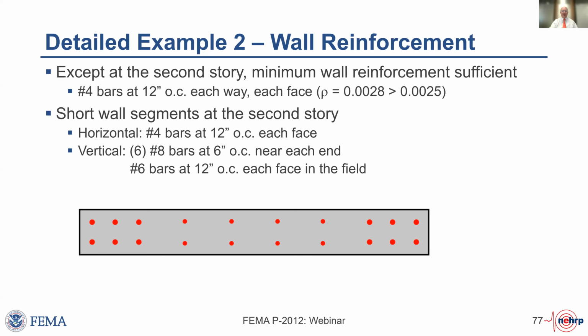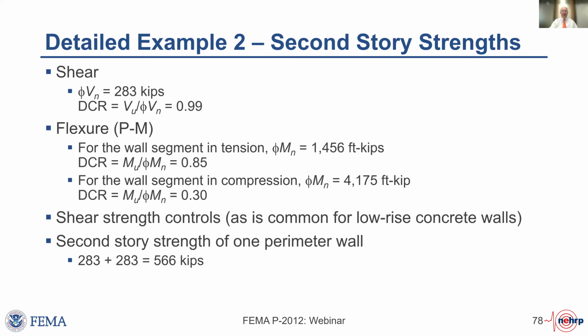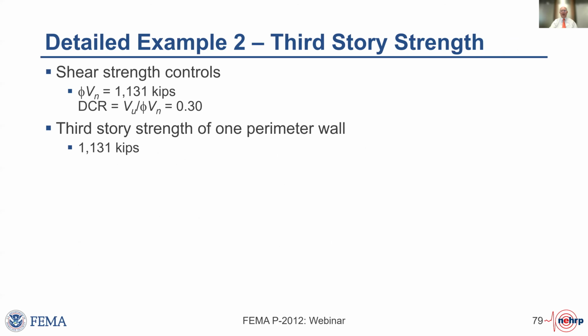And what we find is that when we calculate story strengths, we calculate the story strength of the second story, thinking about both of those piers and their controlling behaviors. Shear controls, not surprisingly, over flexure. In the third story, we have shear control.